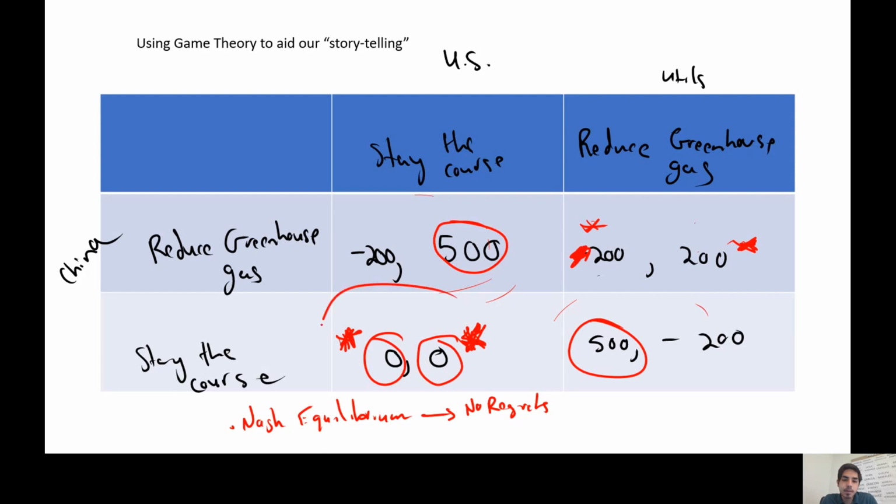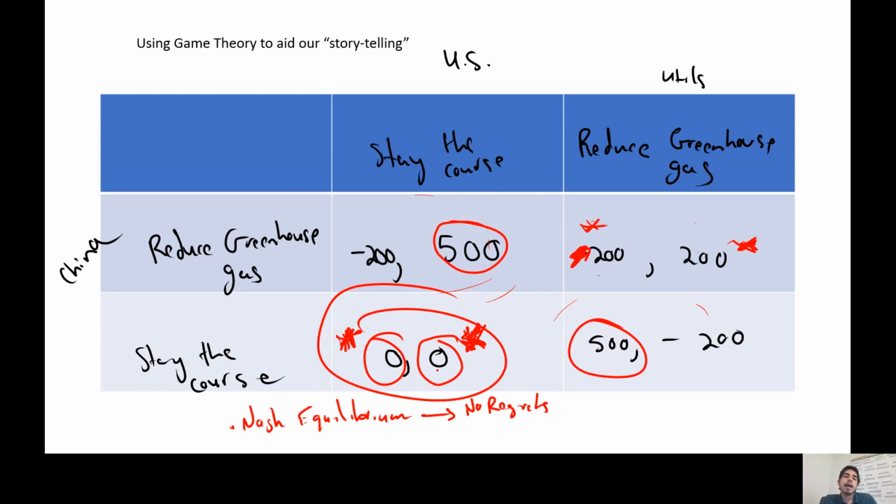Because at this square right here, we can see that both players are playing their best response to the other, which is what a Nash equilibrium is, and there's hashtag no regrets, right? China doesn't wish, oh, dang, I really wish that I had reduced greenhouse gas emissions, because then they would have negative utils, and the U.S. doesn't think, oh, dang, I really wish that I had reduced greenhouse gas emissions, because then they would have negative utils, right?